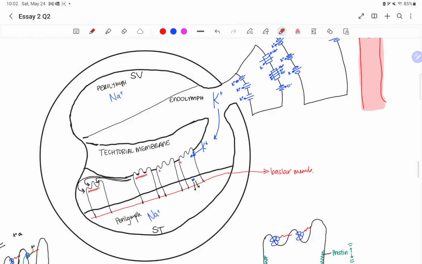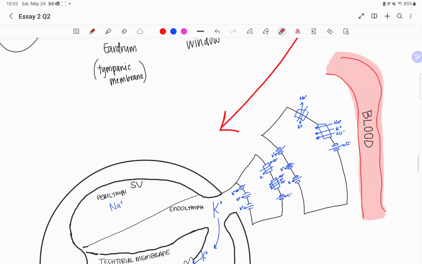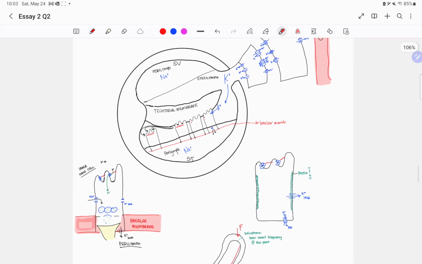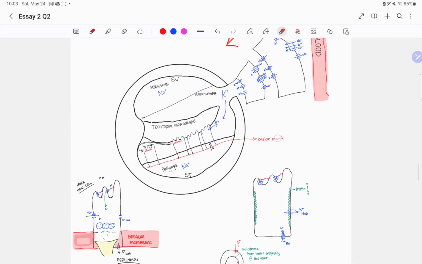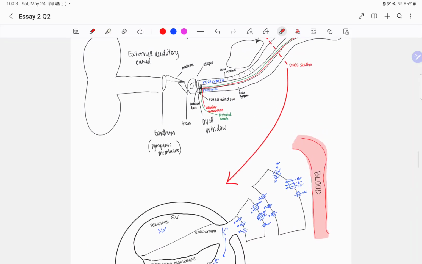I don't really want to get too much into why it's so high in potassium, but it is important to remember that your endolymph is high in potassium, your perilymph is high in sodium. I think that's all we're going to talk about, because otherwise it could get really complex. Our hearing is quite the subject.